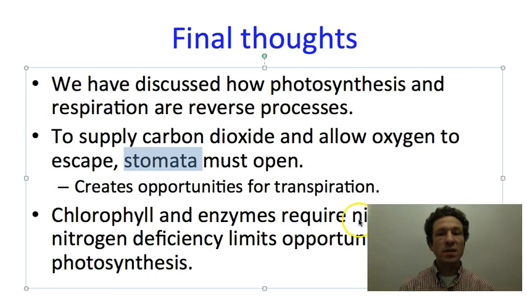So for two reasons, we need nitrogen to be able to complete the process of photosynthesis. This means that if there's inadequate nitrogen in the soil, then there will be less photosynthesis.